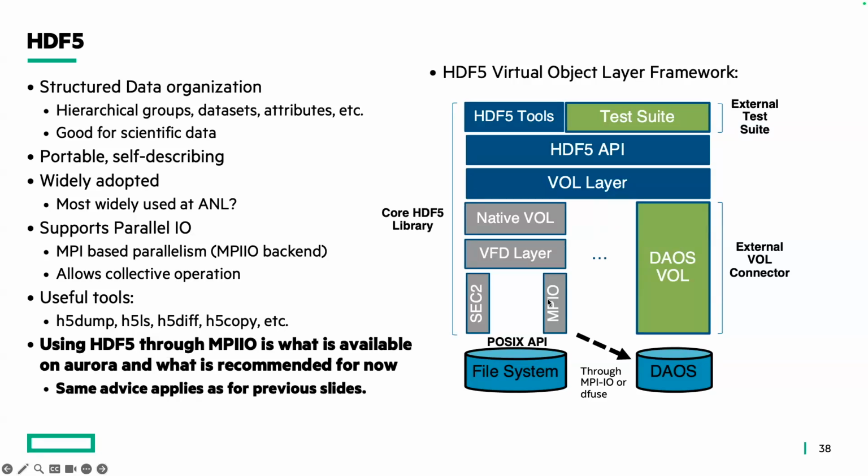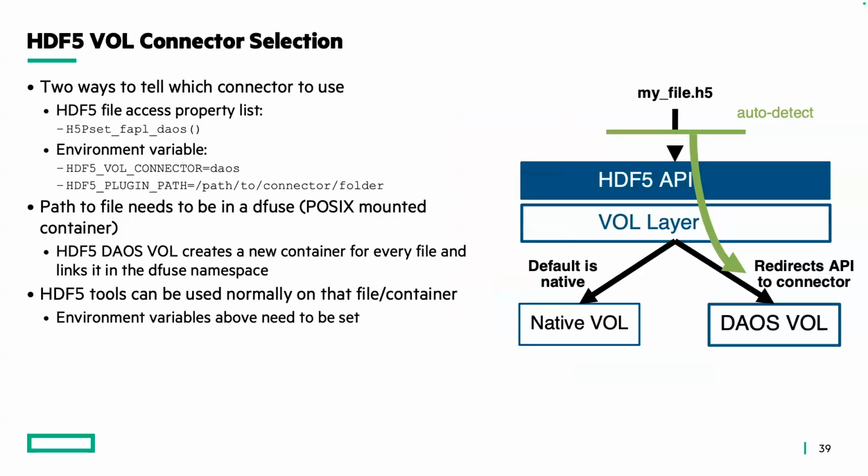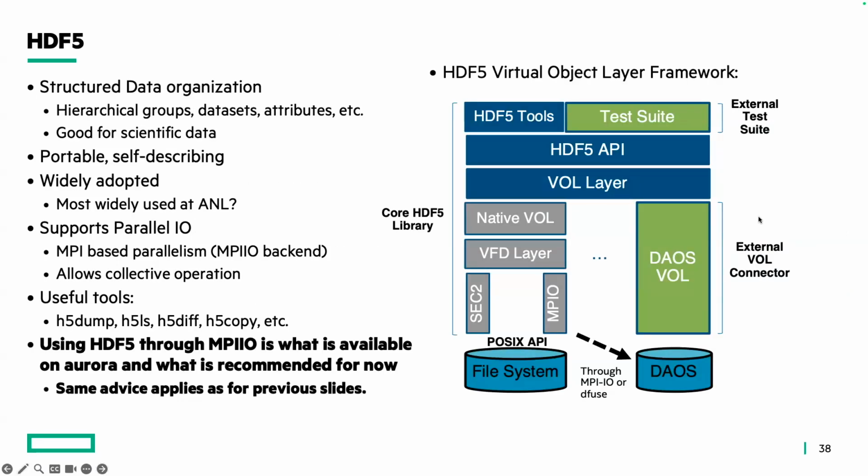The same advice that we talked about for MPI-IO applies for HDF5. It's the same sort of advice for best practices and things like that. The environment variables, what to use for MPI-IO, this applies to parallel HDF5 too. Many of you have probably heard that there is a new thing with HDF5, the latest version, called the VOL, the virtual object layer.